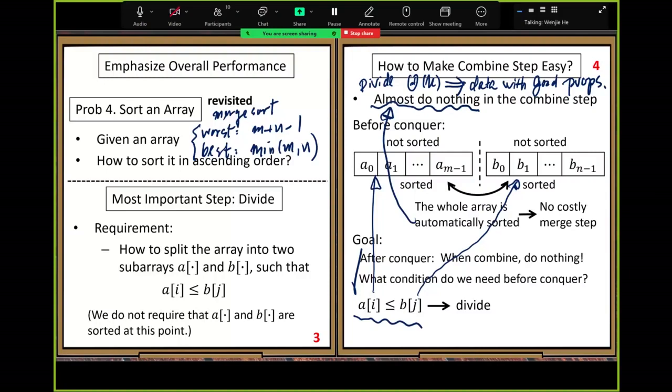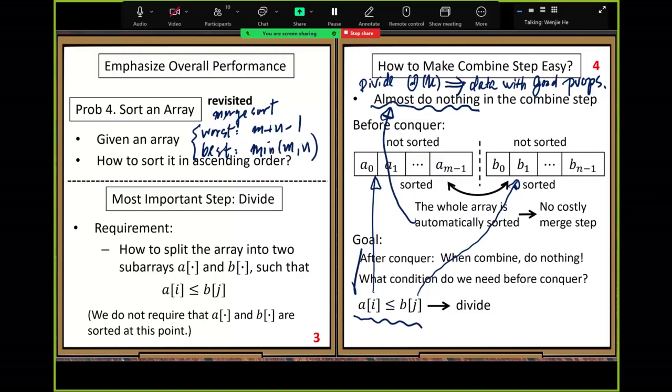But after the divide step, we do not require that the A subarray is ordered or the B subarray is ordered. We do not require that. And usually they are not ordered. In general, they are not ordered. But they have the property that the maximum element in the A subarray is less than or equal to the minimum element of the B subarray.